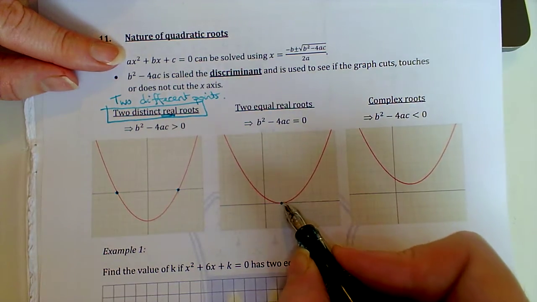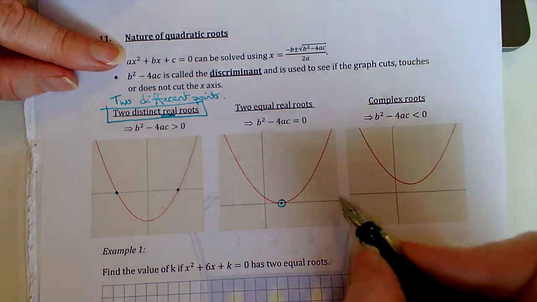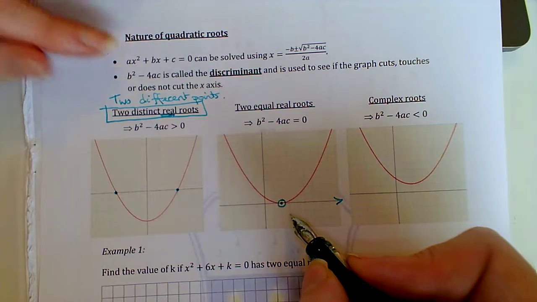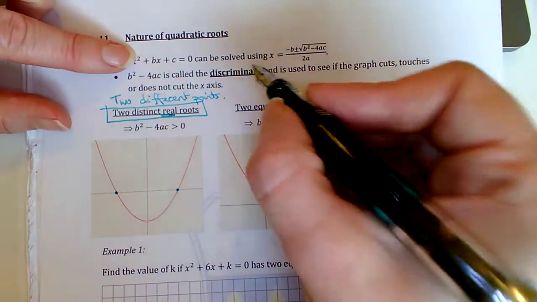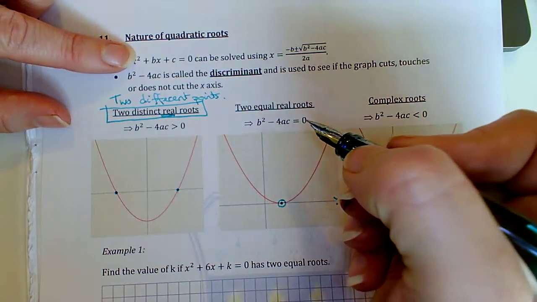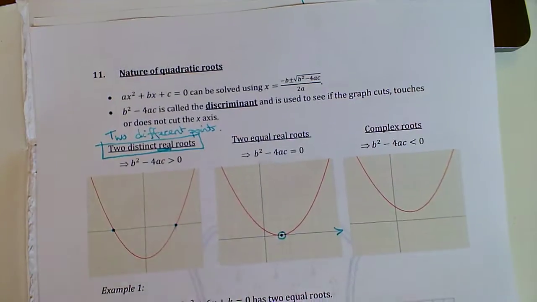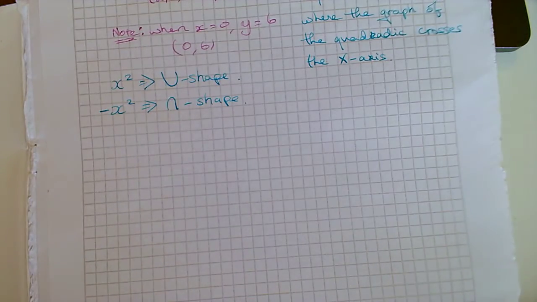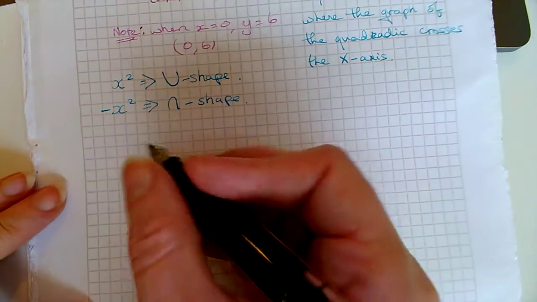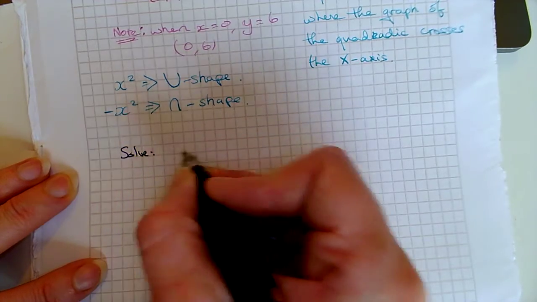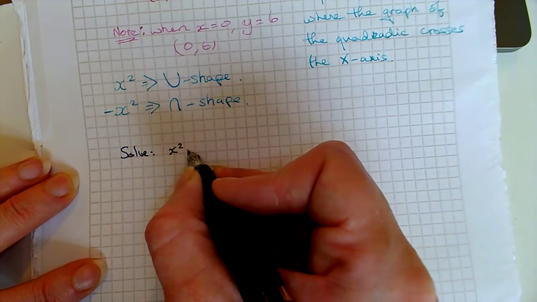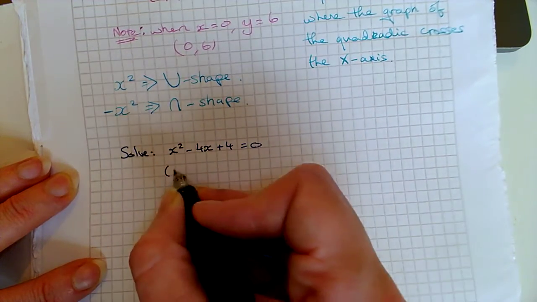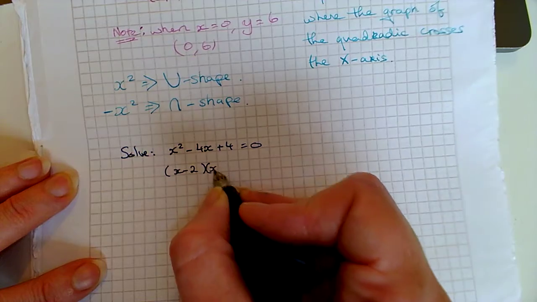If the graph touches the x-axis at one point, like that, it doesn't ever actually cross it as such, it's just sitting on it at one point, we actually only get one value. So an example of this would be if I was solving x squared minus 4x plus 4 equal to 0, and what I get is x minus 2, x minus 2.